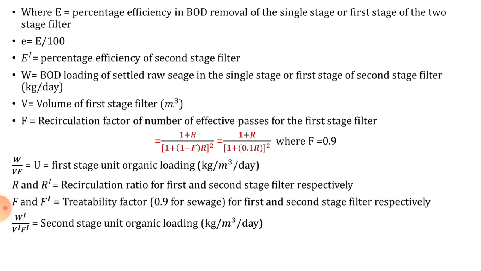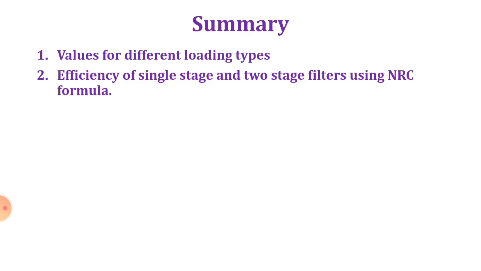So W divided by VF is equal to capital U. It is the first stage unit organic loading in kg per meter cube per day, where R and R dash indicate the recirculation ratio for first stage and second stage filter respectively, whereas F and F dash are the treatability factor, which will be 0.9 for the sewage for first stage and second stage filter respectively, and W dash divided by V dash into F dash is the second stage unit organic loading in kg per meter cube per day.